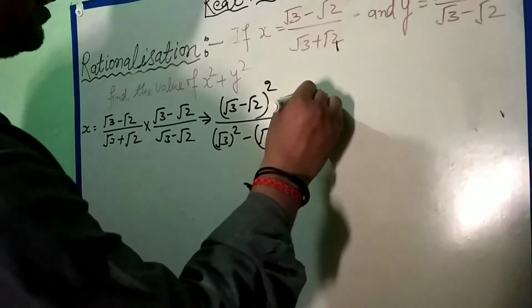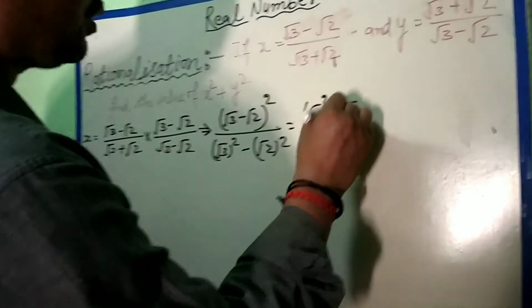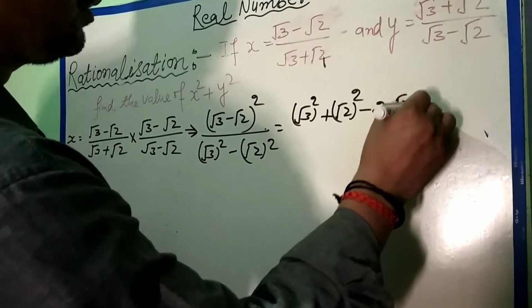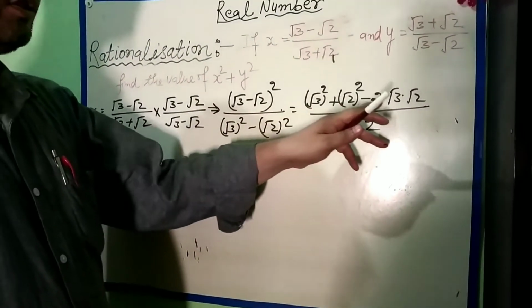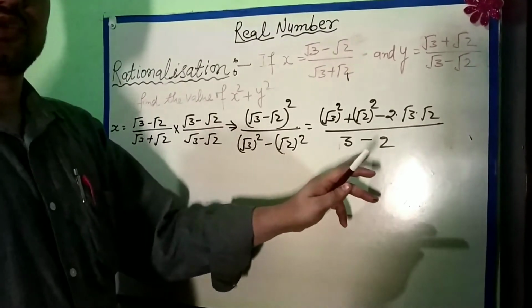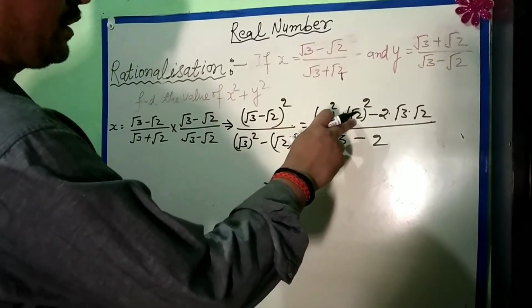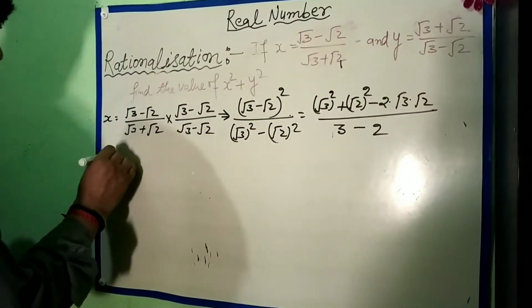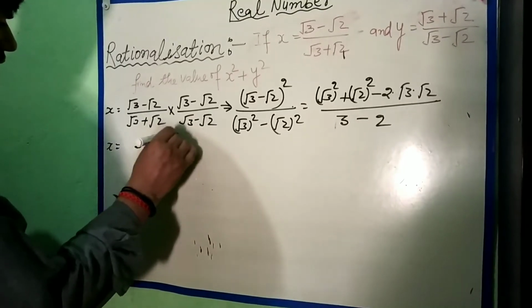Root 3 minus root 2 का whole square is root 3 का square plus root 2 का square minus 2 into root 3 into root 2, and this is a square plus b square minus 2ab, and here root 3 का square is 3 and root 2 का square is 2, and after solving what we get is 3 plus 2, 5 minus 2 root 6. x is equal to 5 minus 2 root 6.